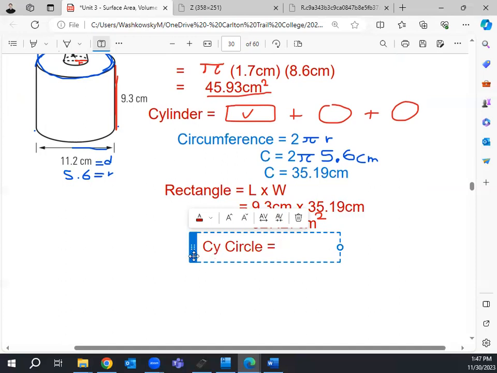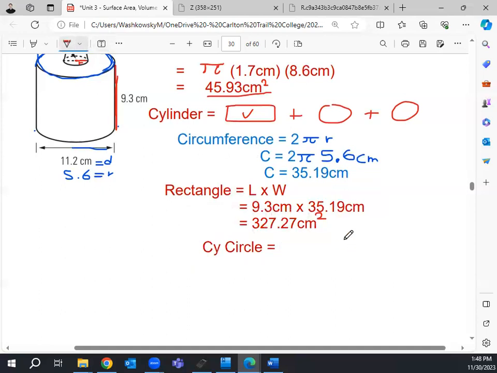What's my formula to find the area of a circle? Pi r squared. So I'm just going to underline that last one. It's important. Pi r squared. What's my radius? This is 5.6.